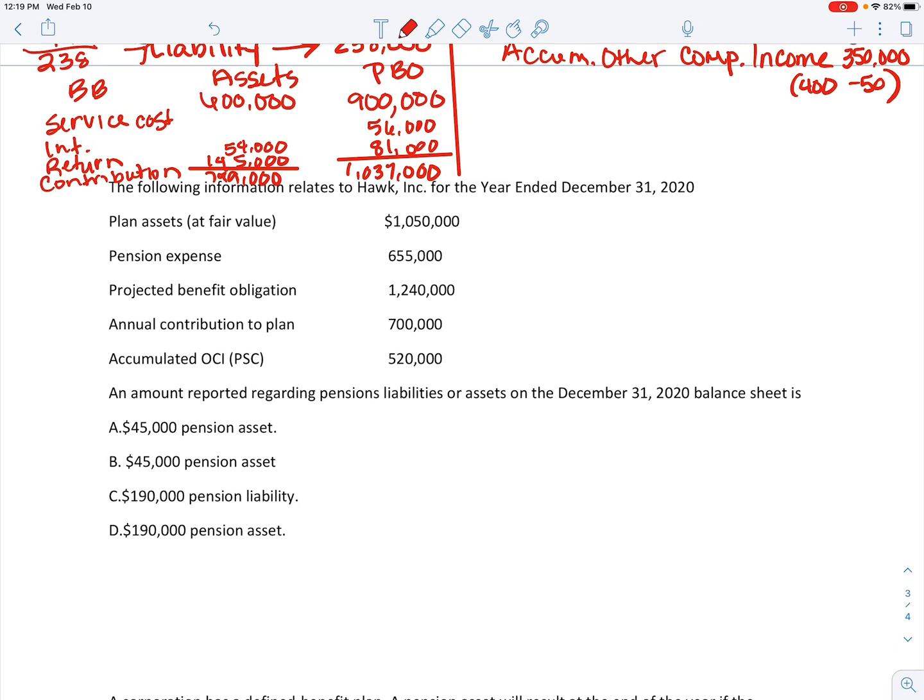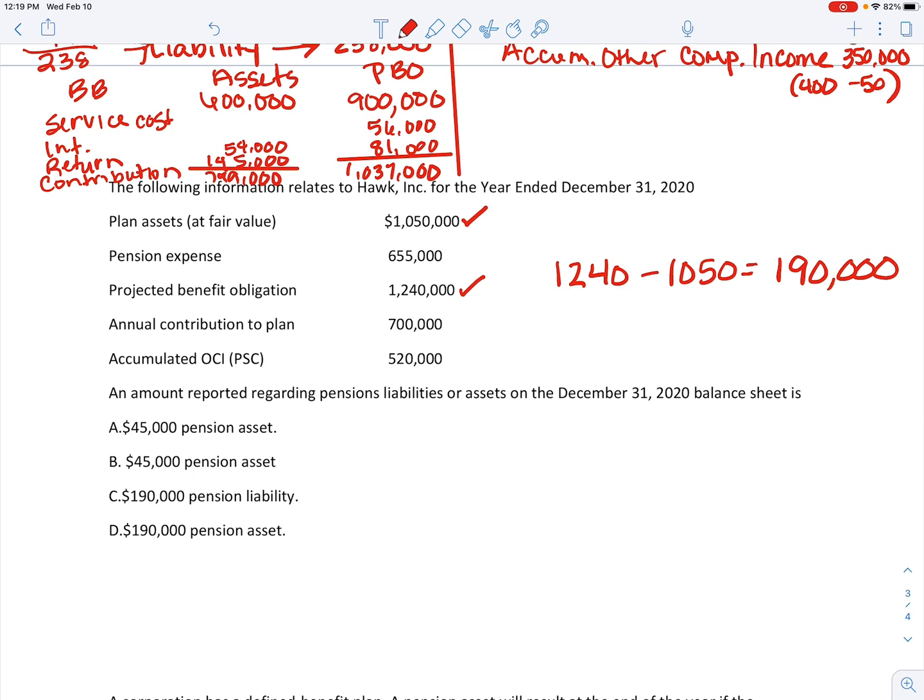So remember, because we just went through this, it should be fresh in your mind. We're comparing our plan assets to our projected benefit obligation. So I'm going to subtract those two numbers, and it's going to equal $190,000.